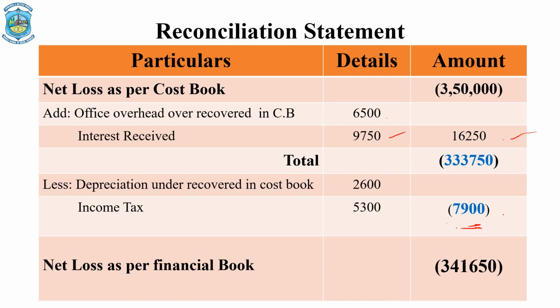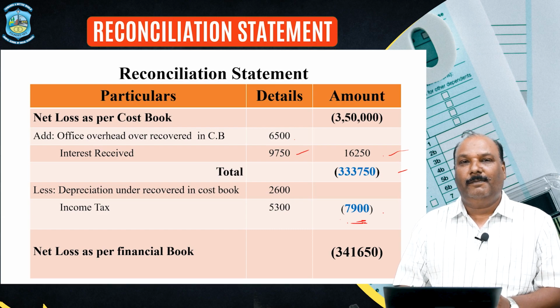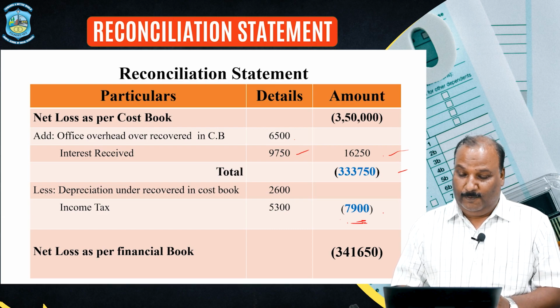Minus 3,50,000 rupees plus 16,250, the total will be 3,33,750 rupees. That is the negative value which is shown in brackets. Whatever amount is written in brackets, that is the negative value.